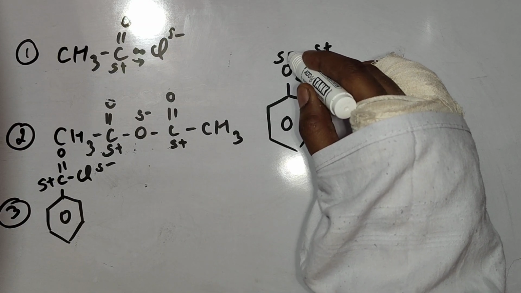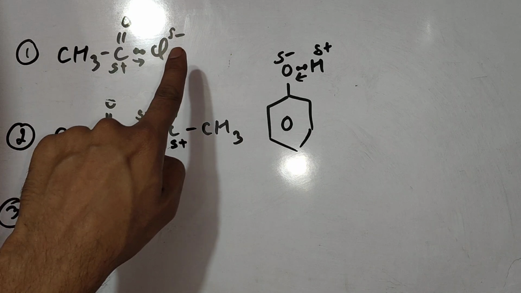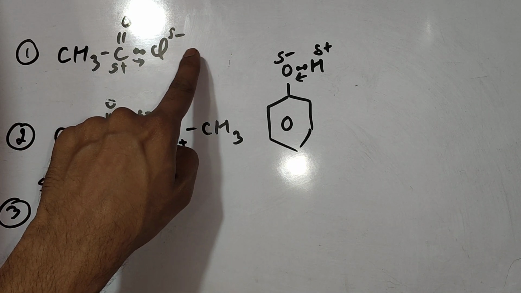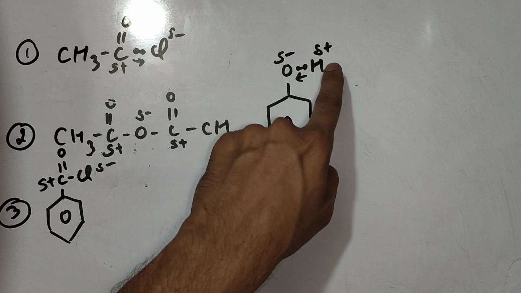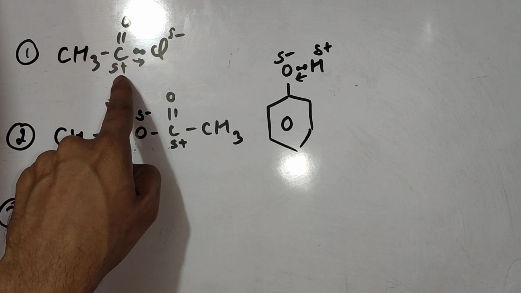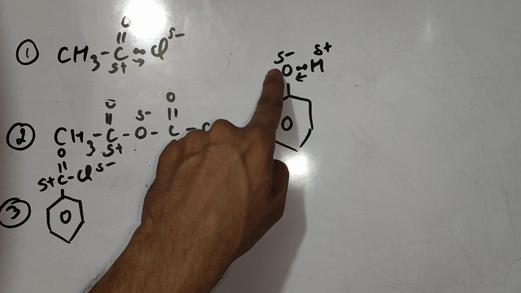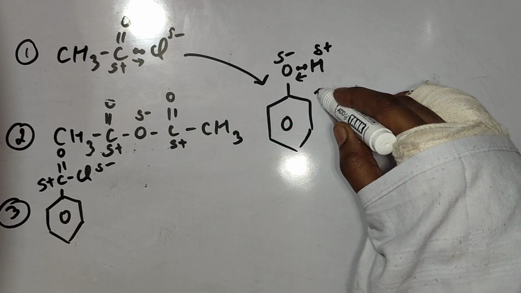And oxygen will carry a partial negative charge. If acetyl chloride is going to react with phenol, this negative will attack the positive hydrogen, and this positive carbon will attack the oxygen. When it reacts, the product generated will be this.